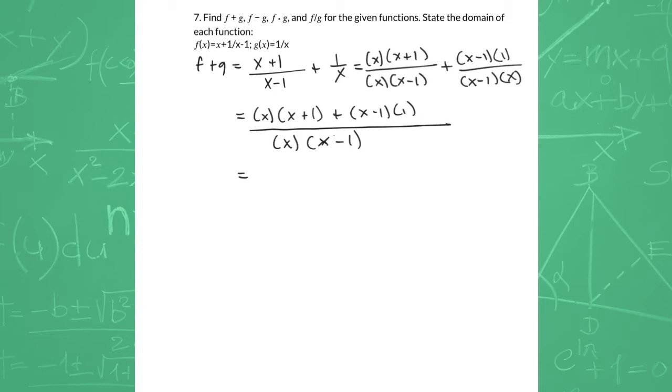Now, as we can see, we have a lot of parentheses here, so let's get rid of those by using the distributive property. We can distribute our x into x plus 1 and get x squared plus x, and we can distribute the 1 through x minus 1 to get x minus 1.